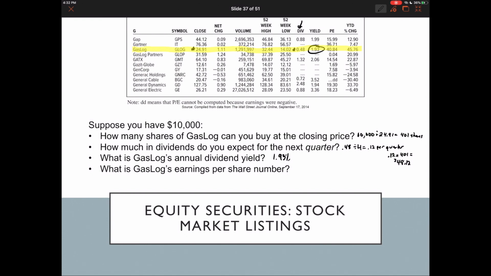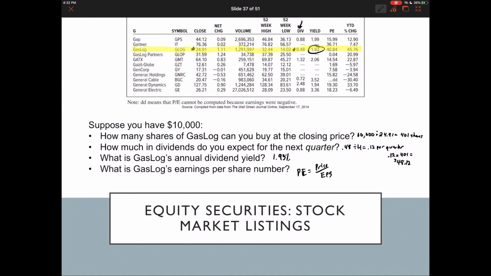And then what is GasLog's earnings per share number? Earnings per share is not explicitly listed here, but we have the PE ratio, which is equal to the price divided by the earnings per share.